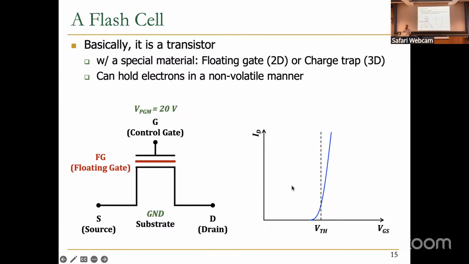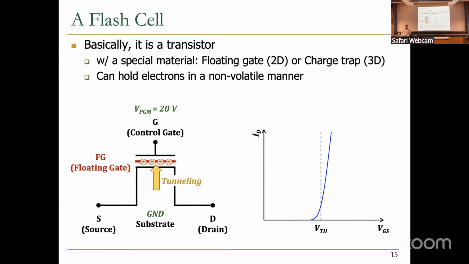So when you program a flash cell, you apply a high programming voltage between gate and substrate, for example 20 volts. With that, you are tunneling electrons from the substrate and you trap them in the floating gate. That's why a flash cell is also considered a charge memory. In the end, you are trapping charge. In DRAM, we trap charge in the capacitor, but here we are storing charge in the floating gate.